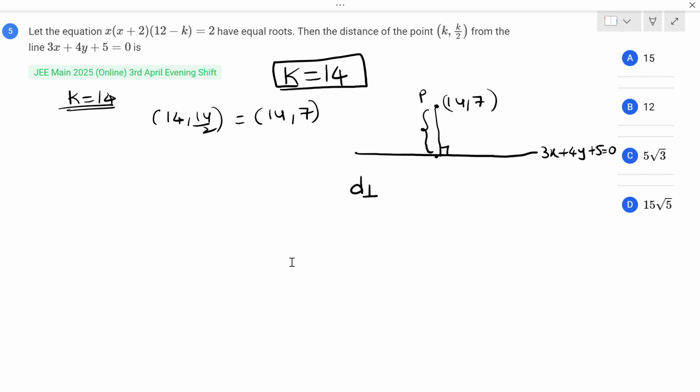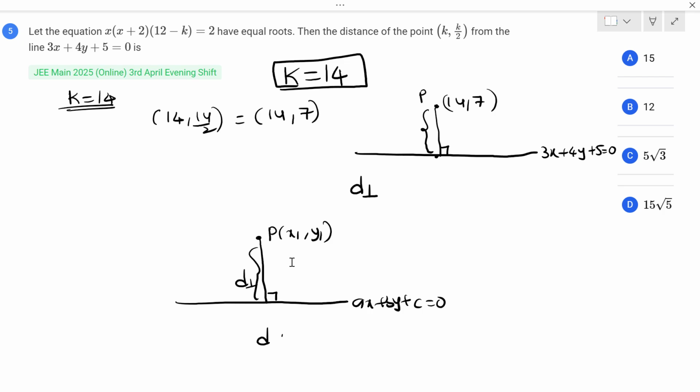So if you remember, there is a formula for the perpendicular distance of a point to a straight line. Let me just recollect the formula. For the point P (x1, y1) to the straight line ax plus by plus c is equal to 0, the perpendicular distance d perpendicular is the modulus of, since the distance should be positive only, substitute the point x1, y1 in this.